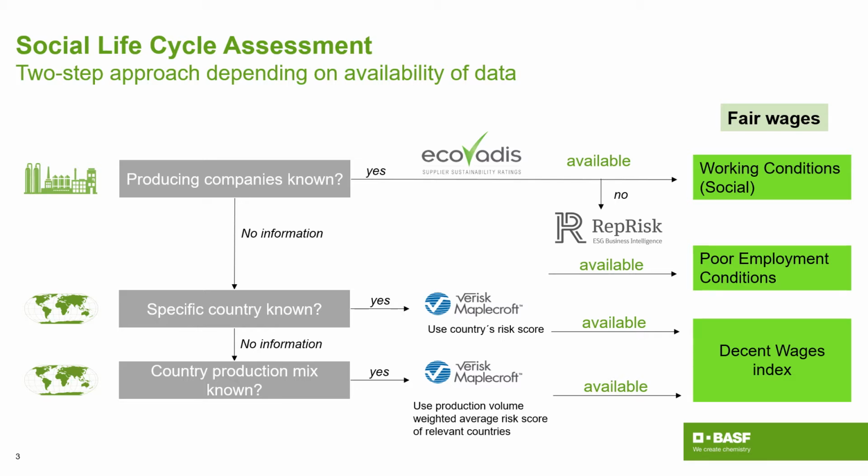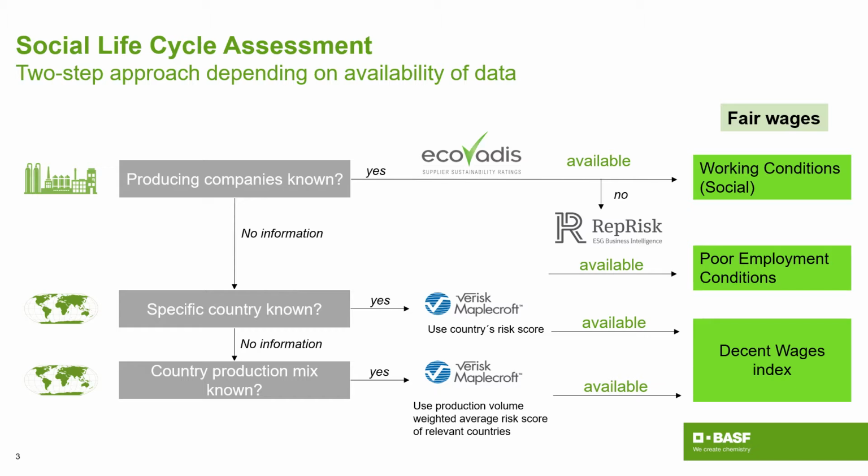And we cross-check for this company that was identified if there are risks mentioned in this database, and we address them. We use in this database for fair wages the poor employment conditions indicator.